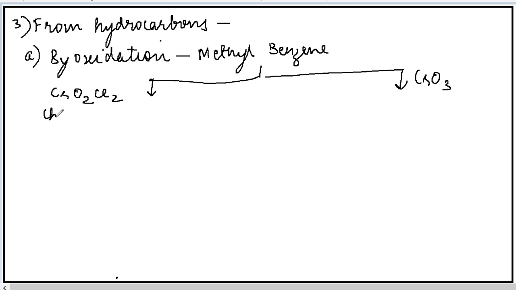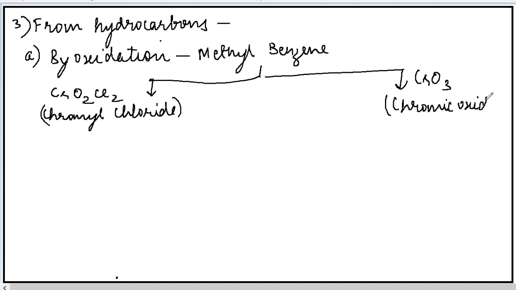So first is by using chromyl chloride and next is by using chromic oxide. So from hydrocarbons, the first method to prepare aldehyde is by oxidation.